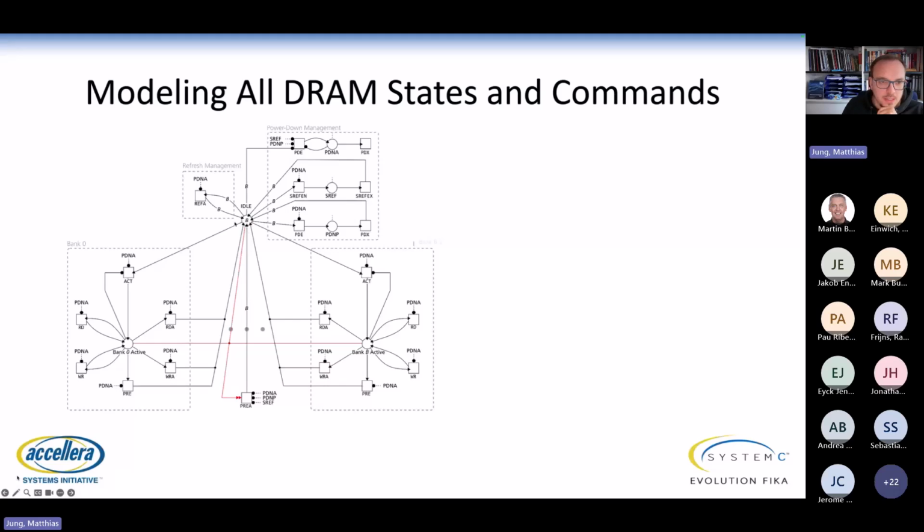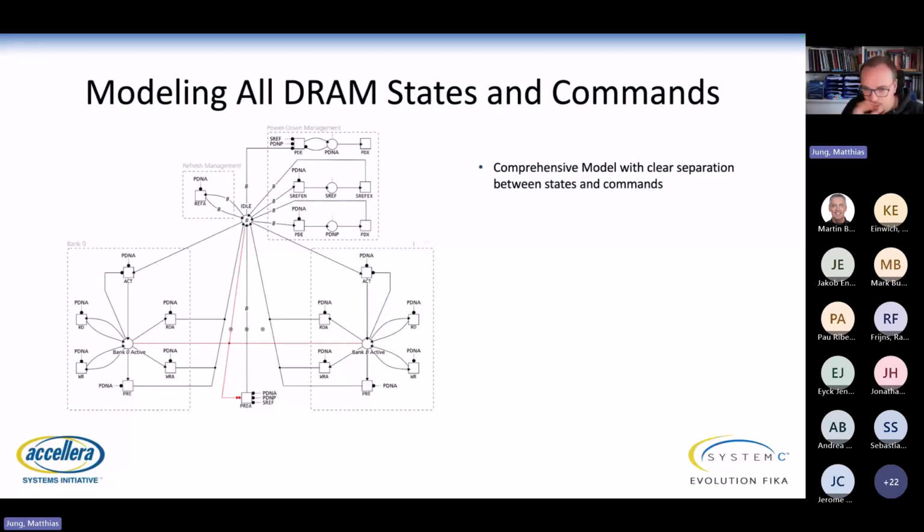So here you see basically the main Petri net. We have here the idle state, and if a token goes to this place, then this bank is active. And if this bank is active, you are allowed to send different DRAM commands. I don't want to go so much into the detail because you can read that also in our papers. But this is a comprehensive model that separates states and commands.